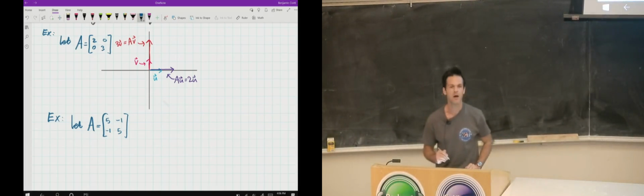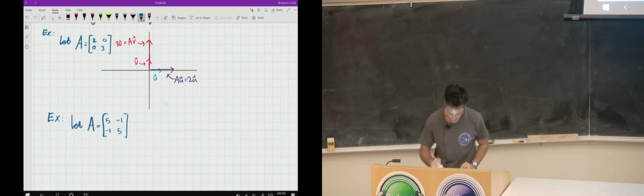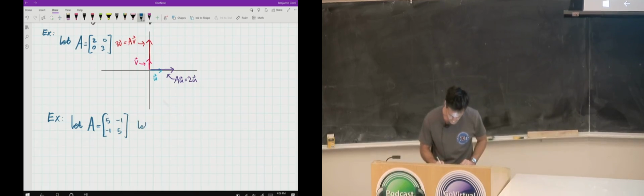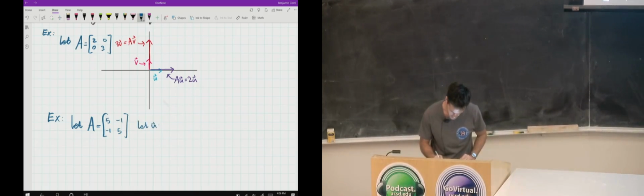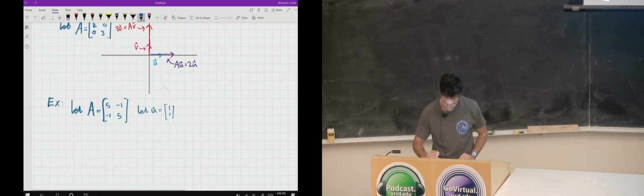In fact, I'll show you one. Let u equal (1, 1) and let v equal (-1, 1).